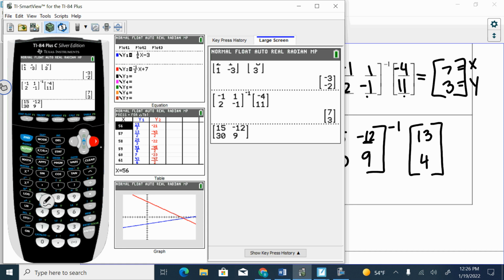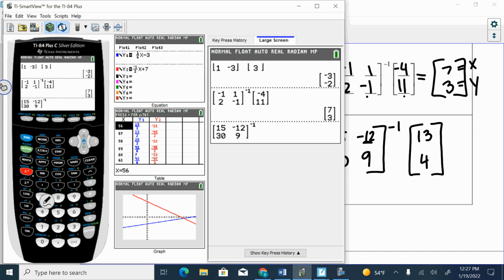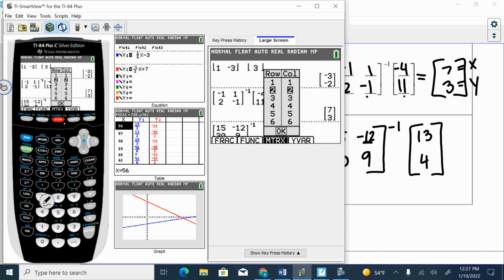Okay, remember we arrow outside and we need that little -1. So we're going to press X inverse, okay? Alpha, F3 again. This time, what size is our matrix? 2 by 1. Very good. Okay. Once we have it highlighted, we're just going to go down to the bottom and press OK.